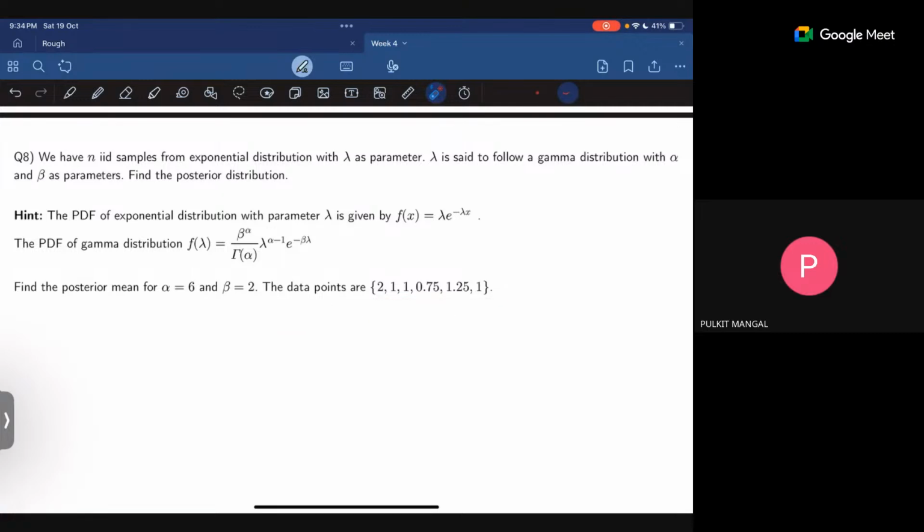So first, given you have an exponential distribution with lambda as parameter, your prior belief is that lambda follows the gamma distribution. The PDFs for the gamma distribution and the exponential are both given to you. How will you find the posterior?